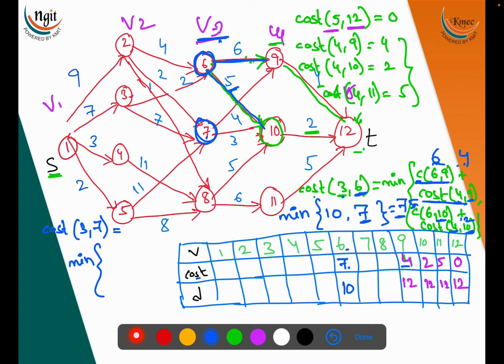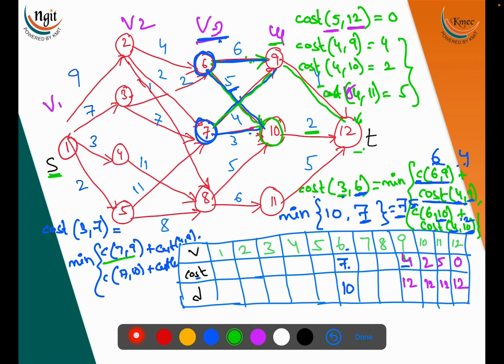Come to 7. 7 has a path to 9 and 7 to 10 also you have a path. So now you have to take either this value or this value depending upon the minimum. That's the reason I am taking C7 comma 9 plus cost 4 comma 9, C7 comma 10 plus cost 4 comma 10.